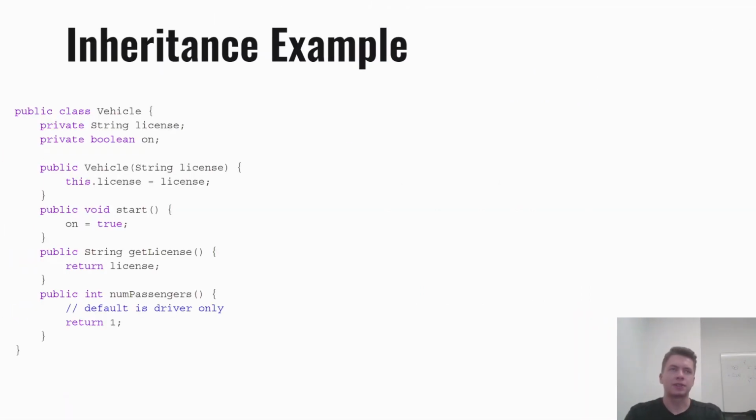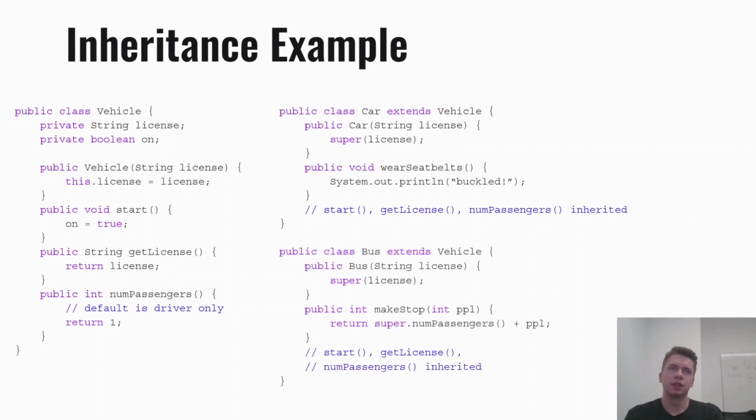So an example we saw from section was the Vehicle class, and then creating subclasses called Car and Bus. Our Vehicle class has two fields, license and on, a constructor, and three methods: start, getLicense, and numPassengers. And we can create two child classes using the extends keyword. Both of the child classes call the parent constructor using the super keyword.